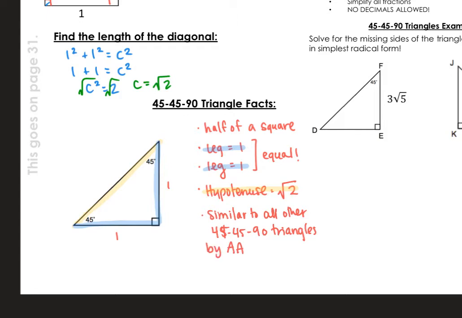So any triangle, for instance, if you see this one over here, they both have a 90-degree angle, they both have a 45-degree angle, which means that these two triangles are similar. Okay, so we're going to use this triangle, which I'm calling the basic 45, 45, 90, to solve for missing sides in other triangles.